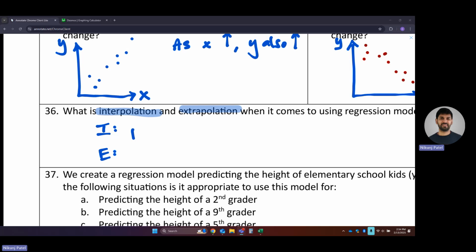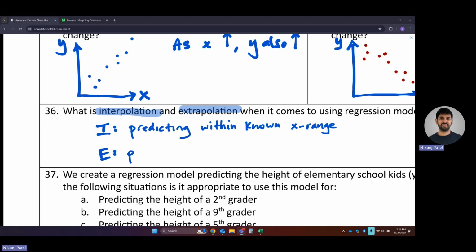sorry, let me redo that. Interpolation is predicting within a known X variable range, I'm just calling it X range.